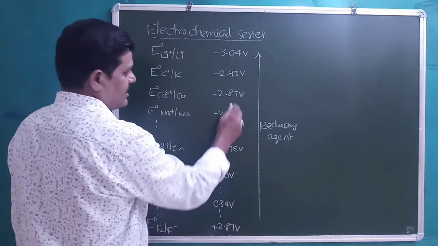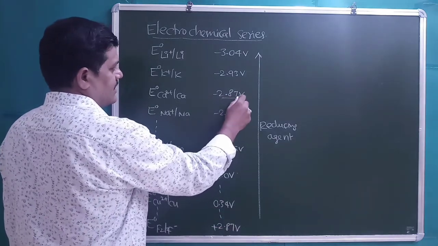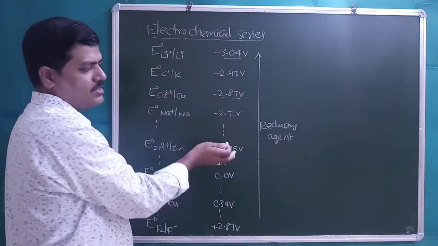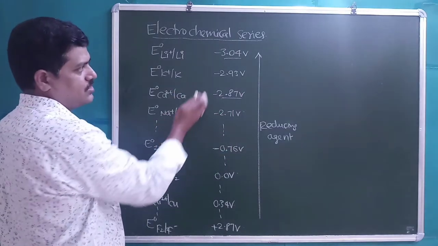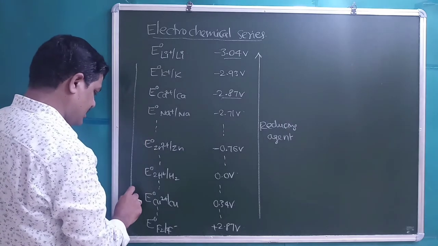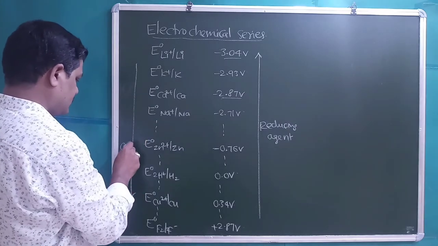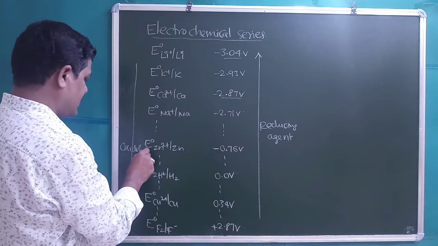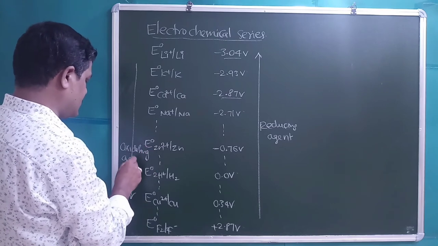If we compare these two metals, calcium and lithium, lithium is a stronger reducing agent, the strongest. And this is the increasing order of oxidizing nature, or oxidizing agents.